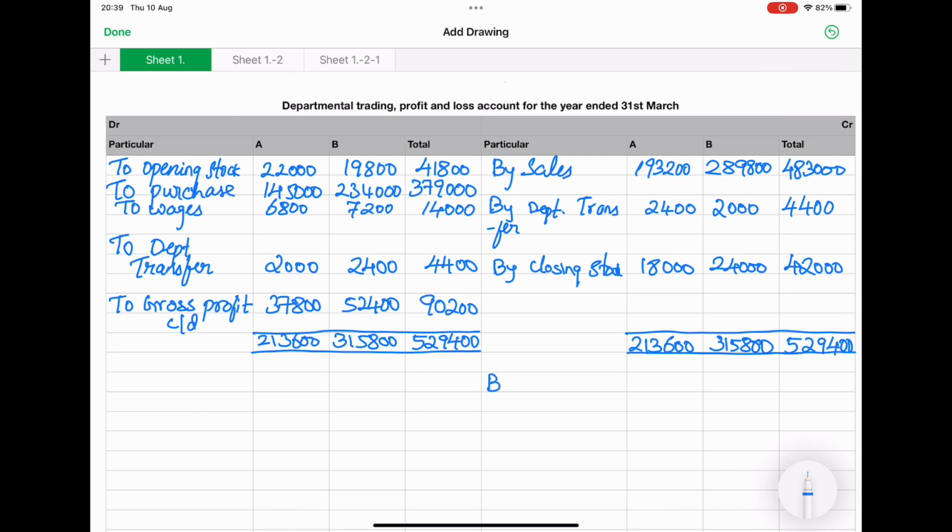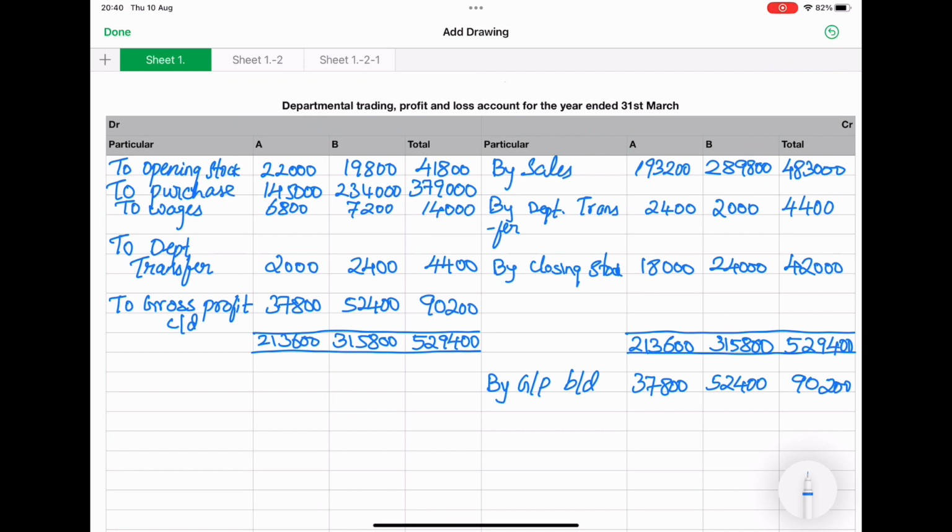Here we bring down the gross profit, the same values: 37,800, 52,400, total 90,200. Here the other expenditures given in the question we are going to reflect in the P&L account.